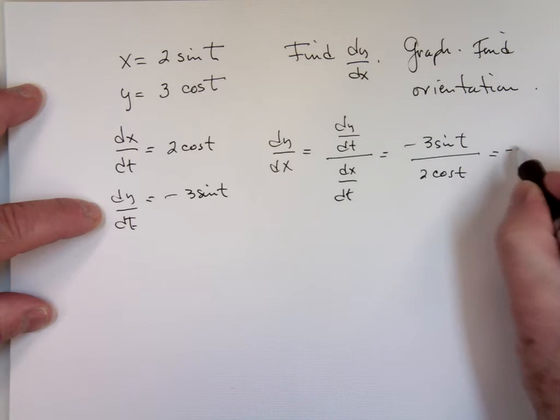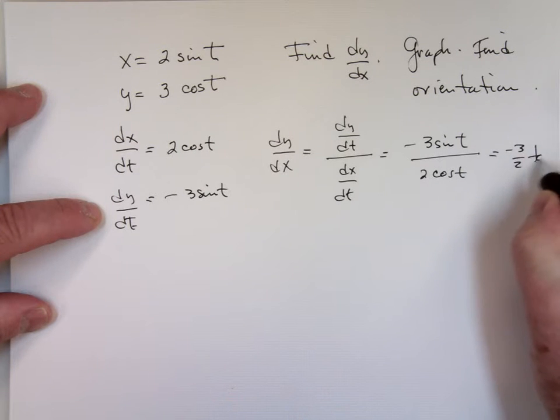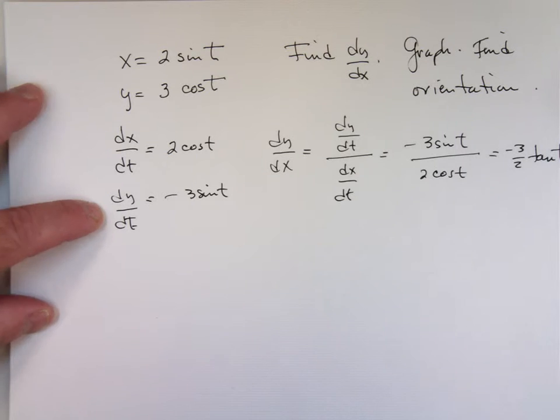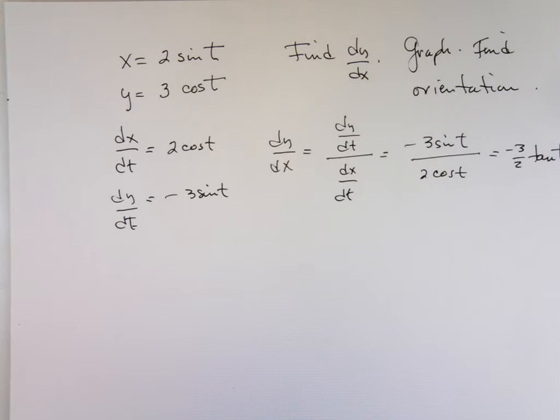And I'll make this -3/2 tangent t then. That will give me the derivative in terms of t: -3/2 tangent t.